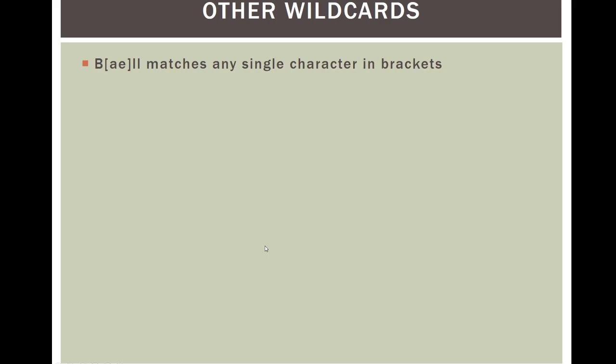All right, here are some other wildcard matches. These can be really helpful too. We got B, then a bracket, AE, and then LL. What that's saying is that I can search, and it will find anything that matches BALL, BELL.